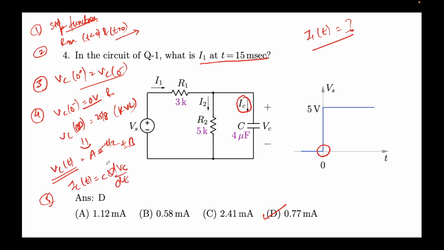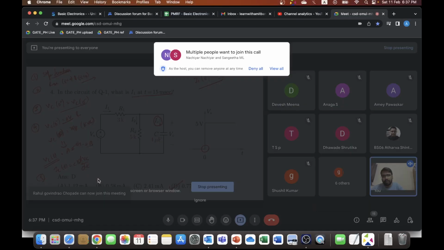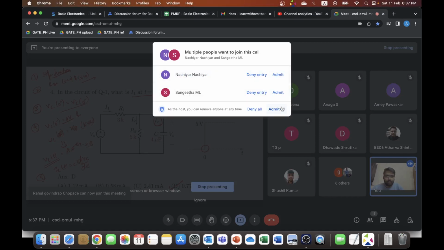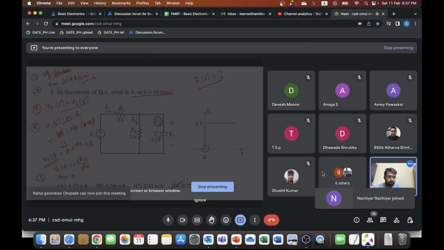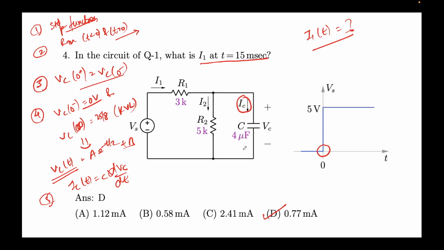Using all this, once you know V and I, you can evaluate I1, I2, and everything, and every node voltage and every branch current can be identified. These are the steps that we have followed, which we have enumerated over here: 1, 2, 3, 4, and 5. So I'll stop here for a minute or two. If you need me to repeat some particular concept or some particular stage of the problem, please speak up.